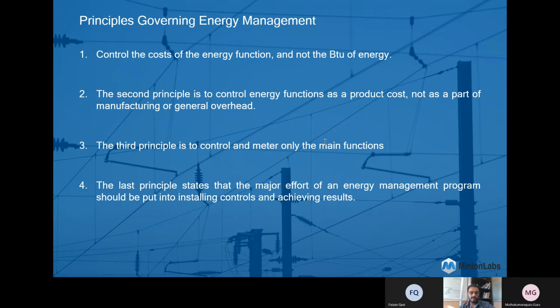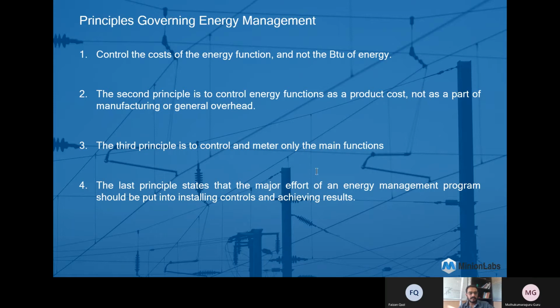The second principle is to control energy functions as a product cost, not as a part of manufacturing or general overhead. The energy function should be part of costing systems so that the specific impact of each function can be better judged. The third principle is to control and meter only the main functions, the 20% of functions which make up 80% of the cost.